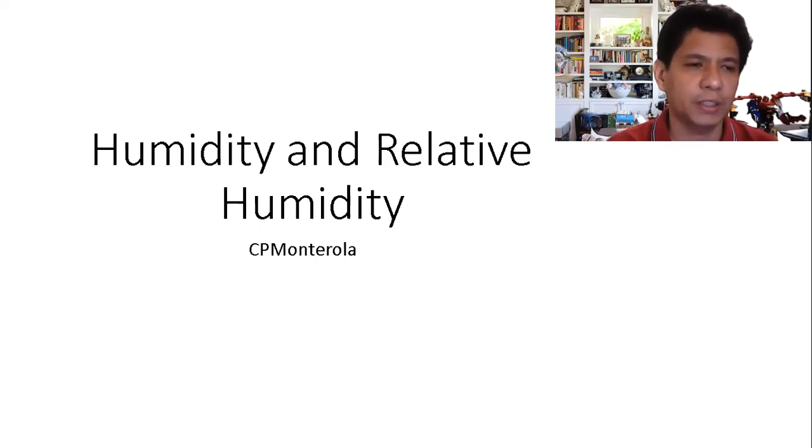Basically, humidity is the amount of water in a given amount of air, and relative humidity is the percentage, which refers to the percentage that the air is saturated. So we have some definitions or equations that define humidity and relative humidity.